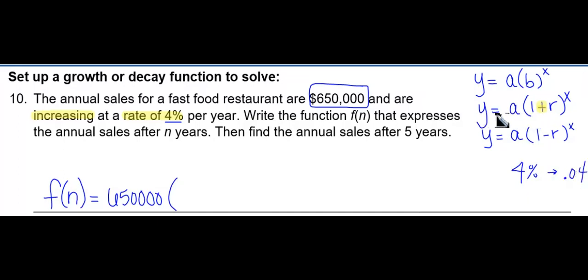Now remember, we're going to use this equation, 1 plus 0.04. If you want to go ahead and combine the two of those together and write it as 1.04, that is fine also. Now, we're going to find our annual sales after 5 years. We'll plug a 5 in everywhere that we have an n.